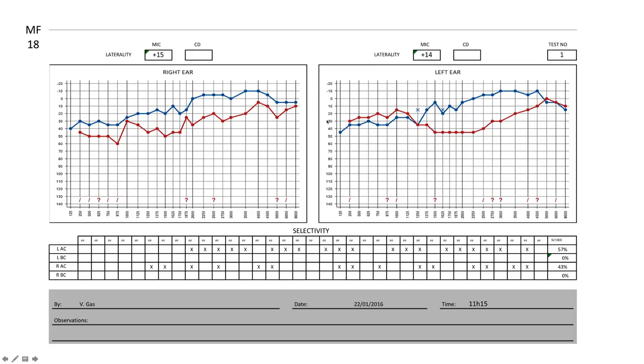And the air curve is lower than the bone curve on the left ear. We have a lot of spatialization errors. And on her laterality, she's right ear, but her resistance is not very good. So we should lateralize her down to 6.